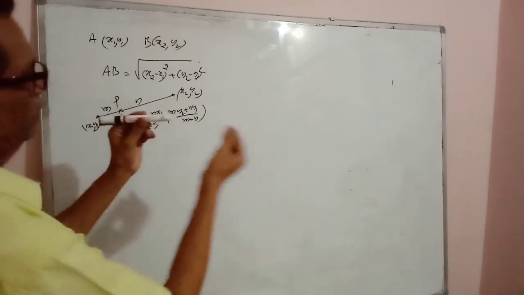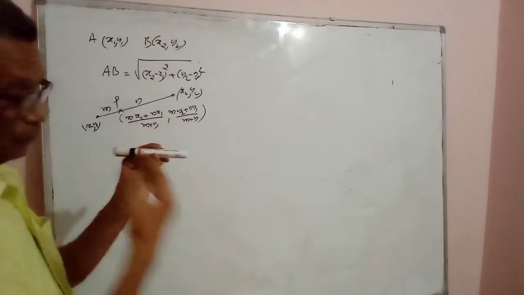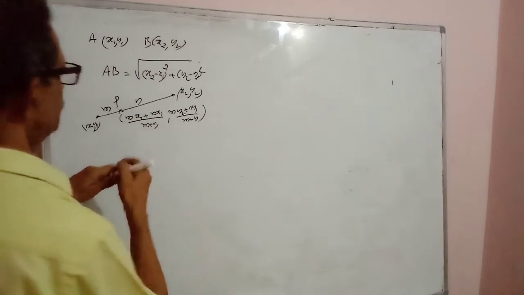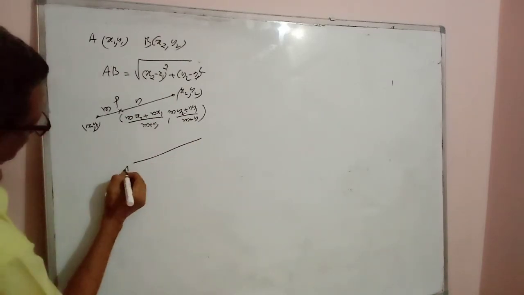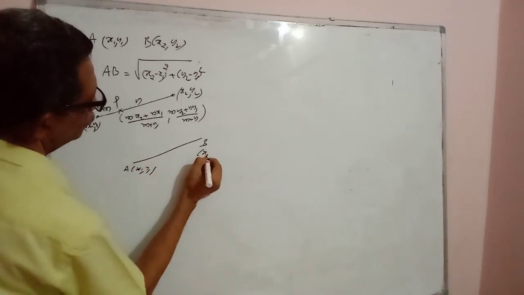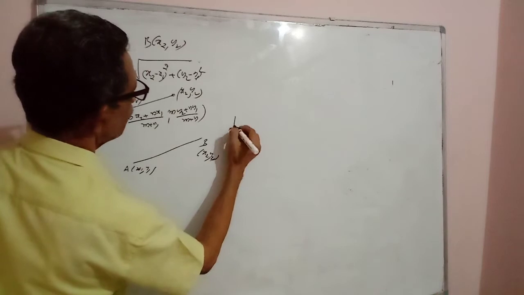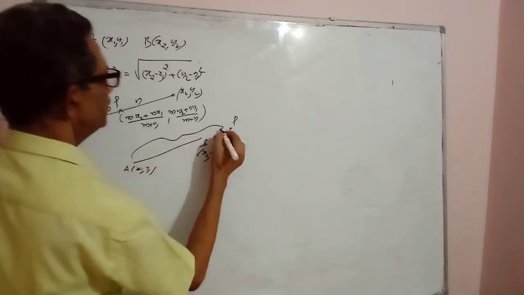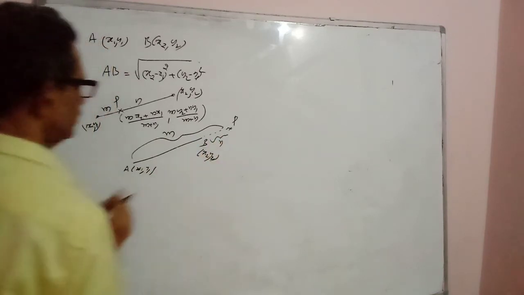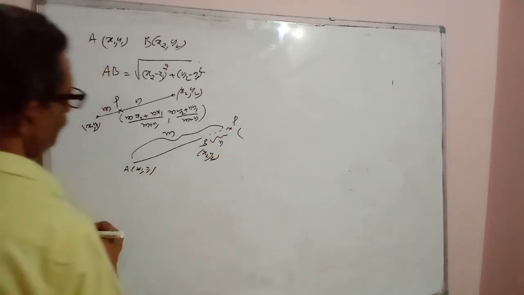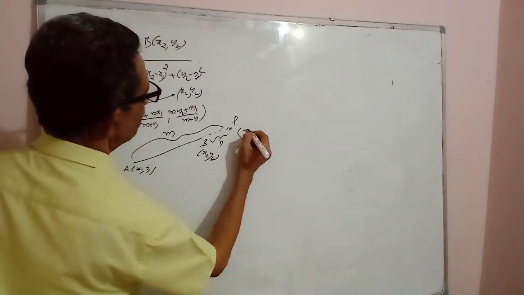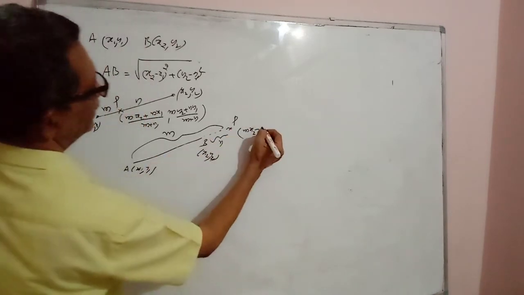But if it is the external divisor, if P is the external divisor of AB, this is (x1, y1), (x2, y2). P is the point here. If this length is m and this one is n, then the coordinates of this point, if P divides AB externally in the ratio m is to n, are (m into x2 minus n into x1) divided by (m minus n).